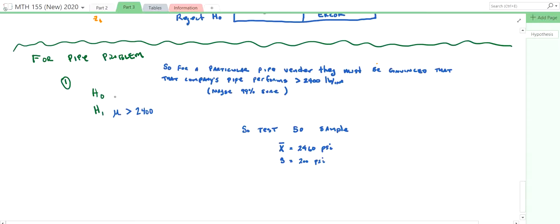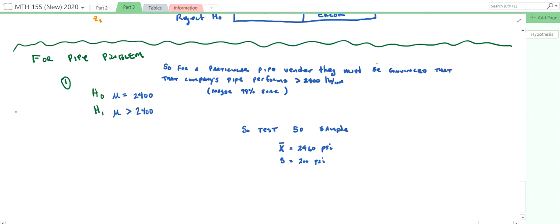So that's our alternate hypothesis. Then for the null hypothesis we're going to put mu equal to 2400. And it's implied, like I said, that it's less than or equal to. But we don't have to do every case less than 2400. In order to prove this is correct, we can just start at 2400 as the most conservative value. So mu equal to 2400 is a fine way to set up our null hypothesis.